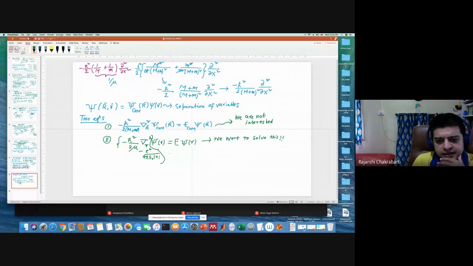But see, this one cannot be solved in this form. Even with the separation of variable technique, one cannot use separation of variable.